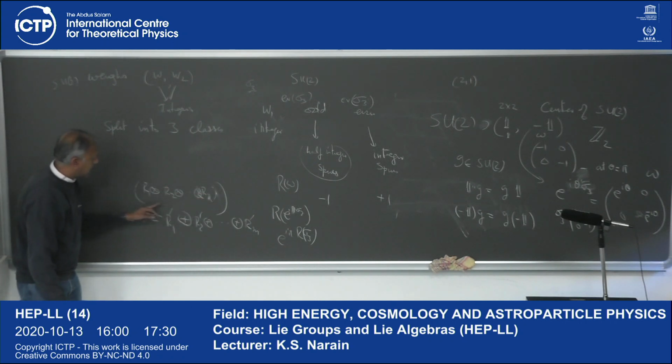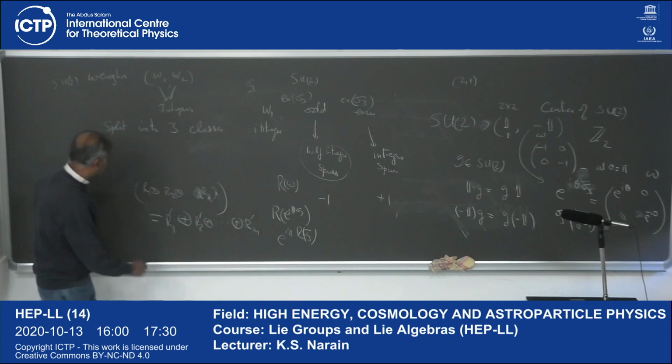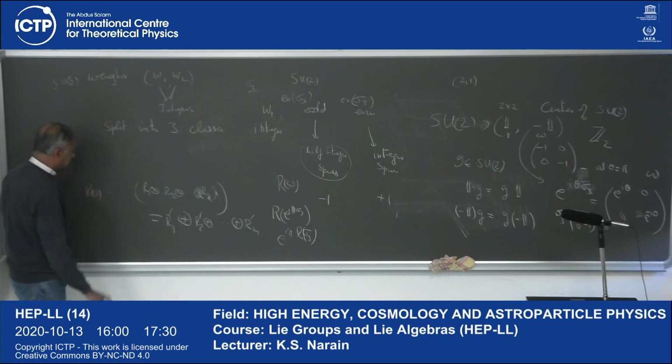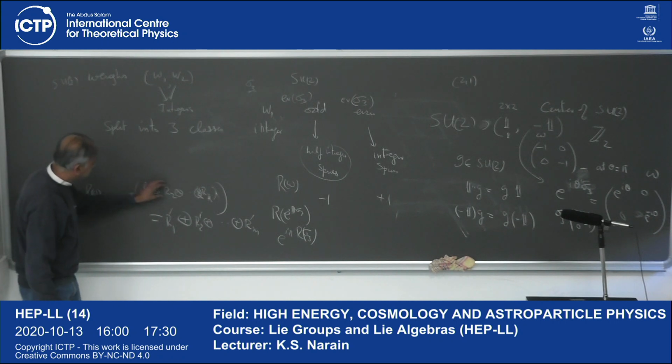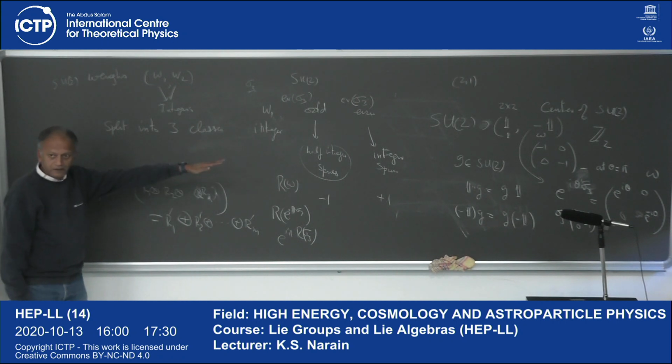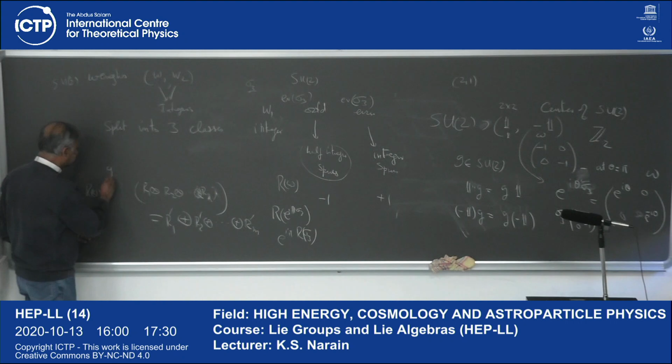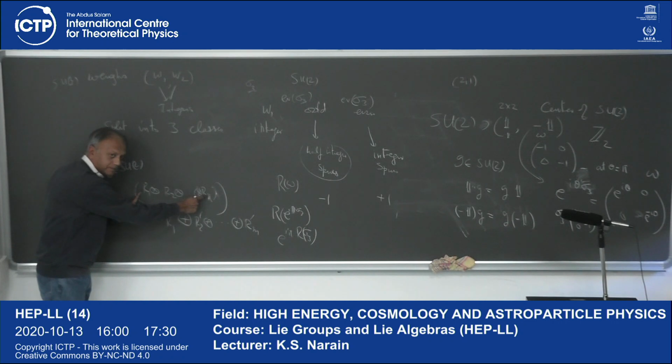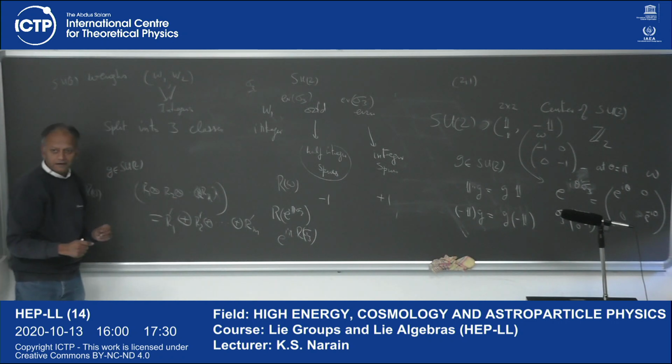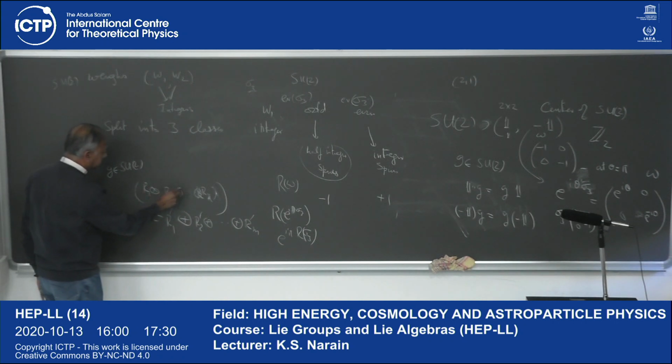But if you look now at the action of this R of omega on that, R of omega will act on each of them simultaneously, because now we are talking about the group, not the infinitesimal generator, right? When a group element G belonging to SU(2) or any group acts on this, it acts simultaneously on all of them. You remember that or not? So if I have some state here, an arbitrary element will be some state psi 1 times psi 2, and so on and so forth.